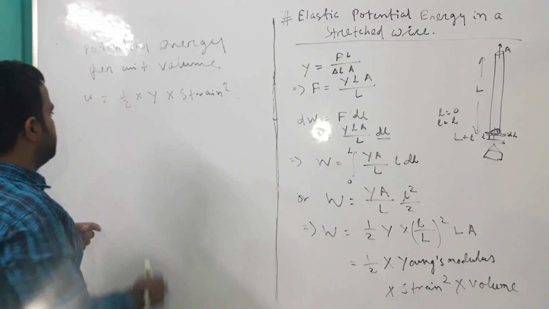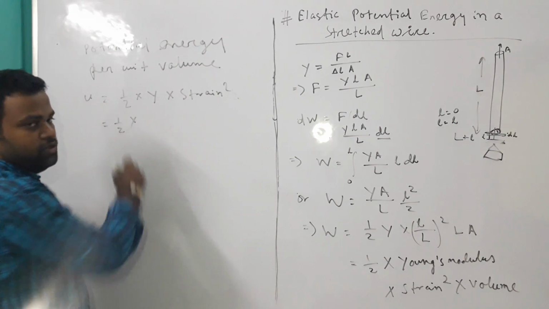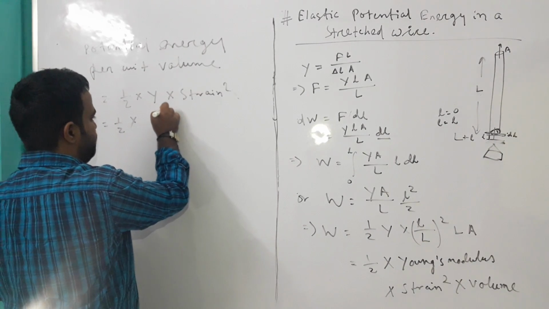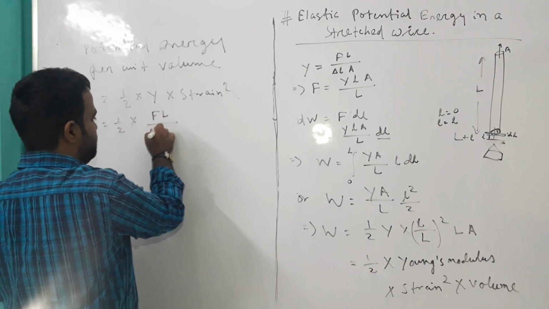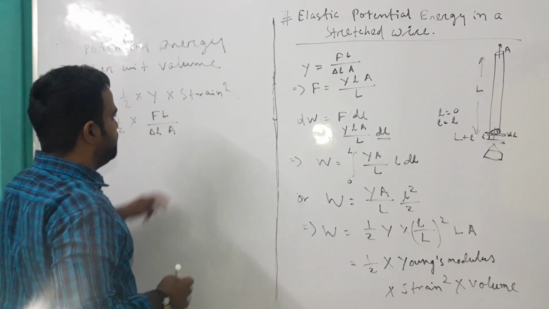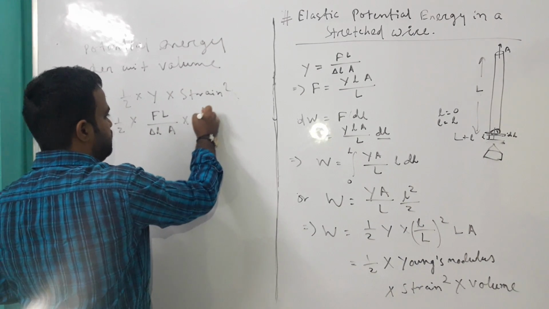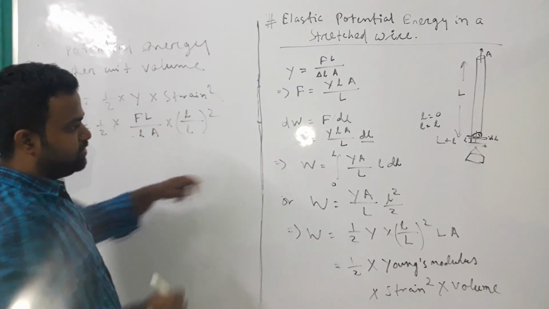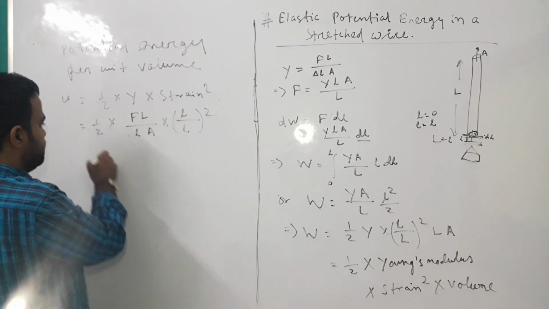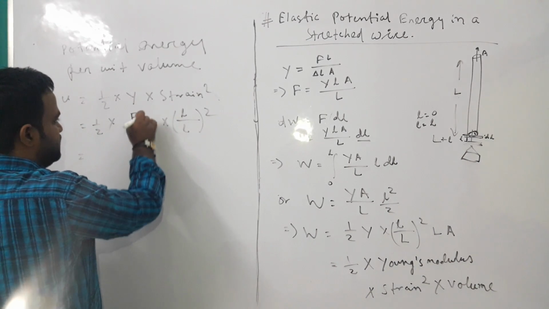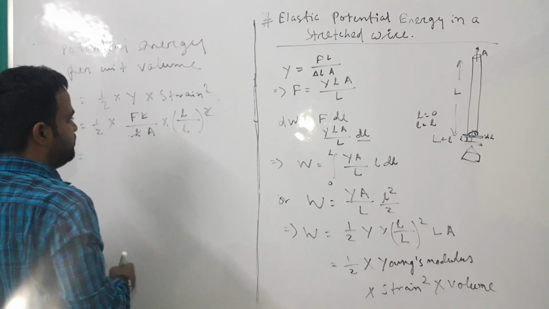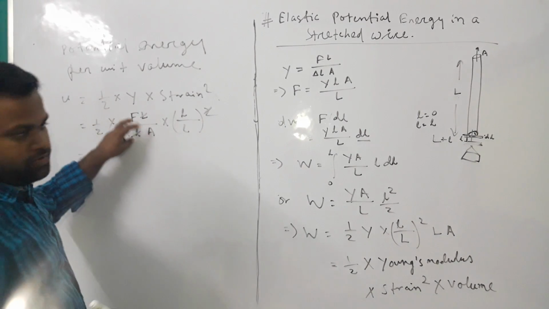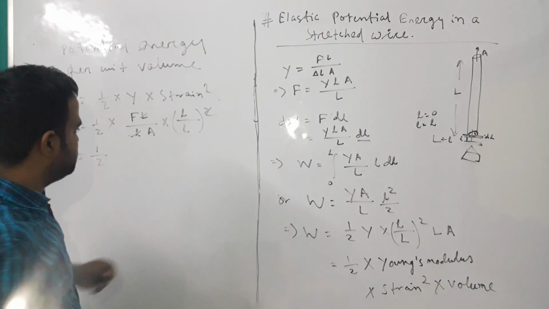I can write it another way: half into Young's modulus Y, which is F L upon del L A, into the strain, small l upon capital L, whole square. Here del L is small l because we have taken the change in length as small l. So capital L and one small l cancel. F upon A is the stress, force per unit area, of the material.